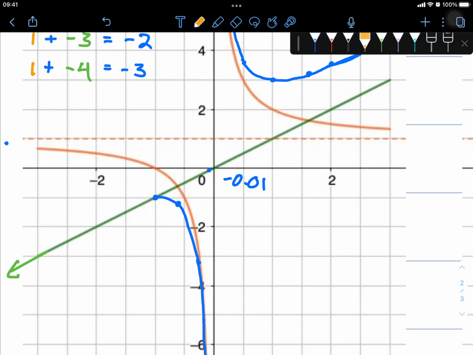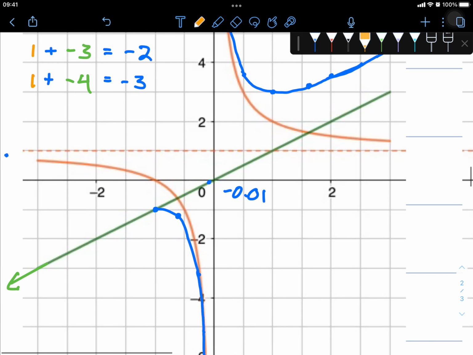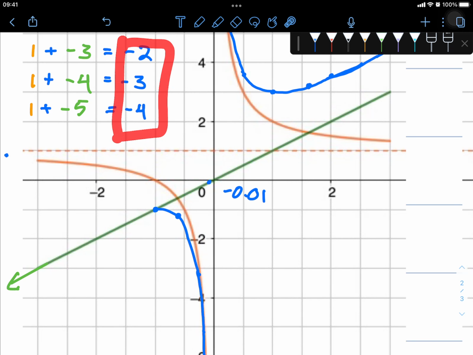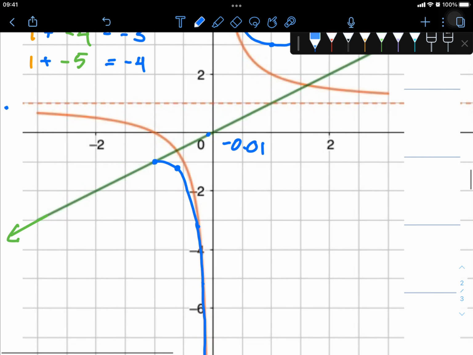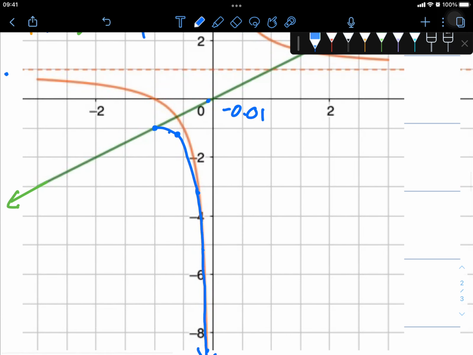When we take the next point again to the left, f is going to approach 1 once again. But g, being a linear function, is going to take the next value, negative 5. 1 plus negative 5 is negative 4. Notice how it's looking more and more like a linear function once again. So it should curve something like this.